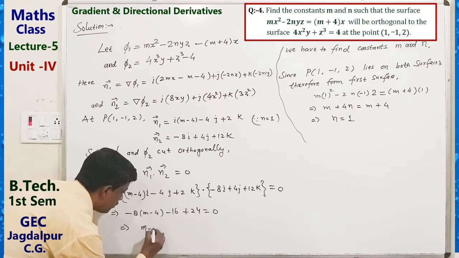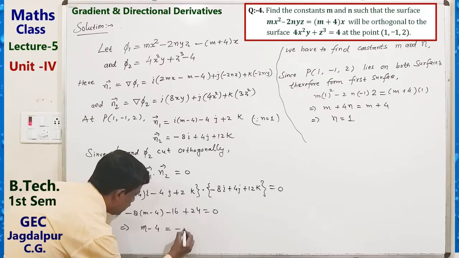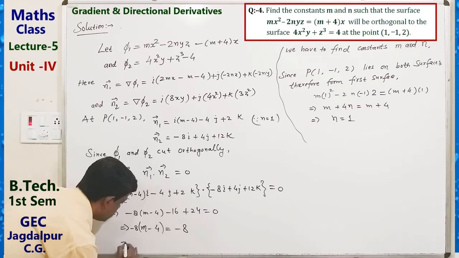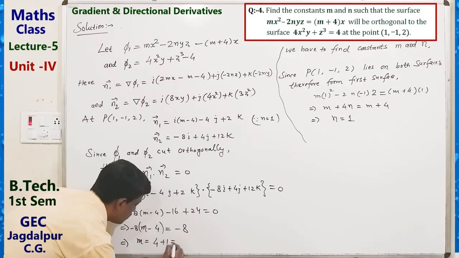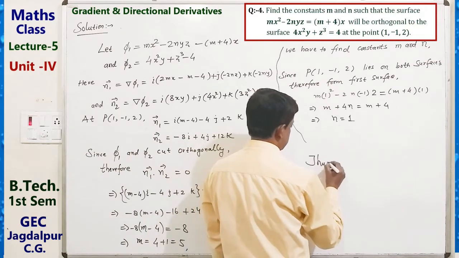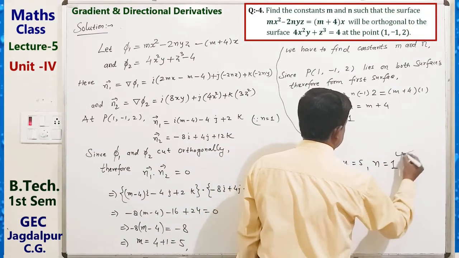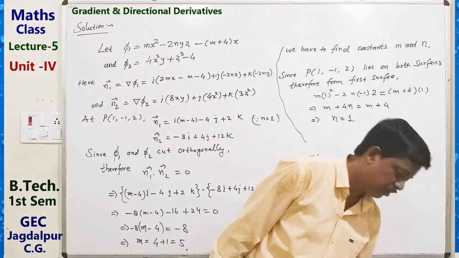M minus 4 equals to minus 8, implies m equals to 4 plus 1 equals to 5. Thus, m equals to 5, n equals to 1. So this is our answer.